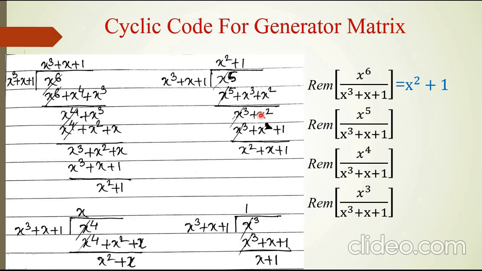Now to have x cube, we just need to multiply with 1. Then it will be x cube plus x plus 1.